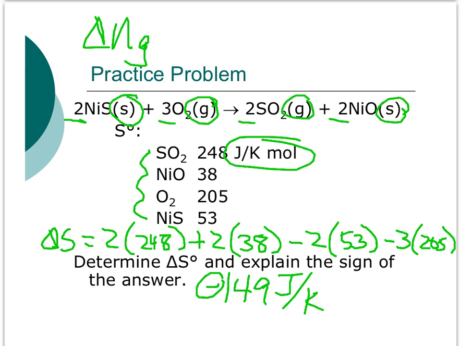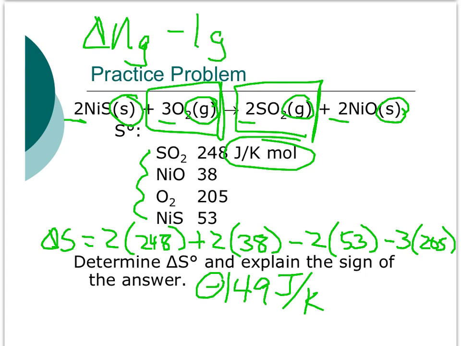Solids have low entropy, so messing with solids isn't going to significantly alter the entropy of the system. But gases, which have high entropy, when I change those quantities, I'll see a higher change in the overall entropy. So, I started with 3 moles of gas, and I ended with 2 moles of gas. So my delta N here is going to be negative 1 mole of gas.